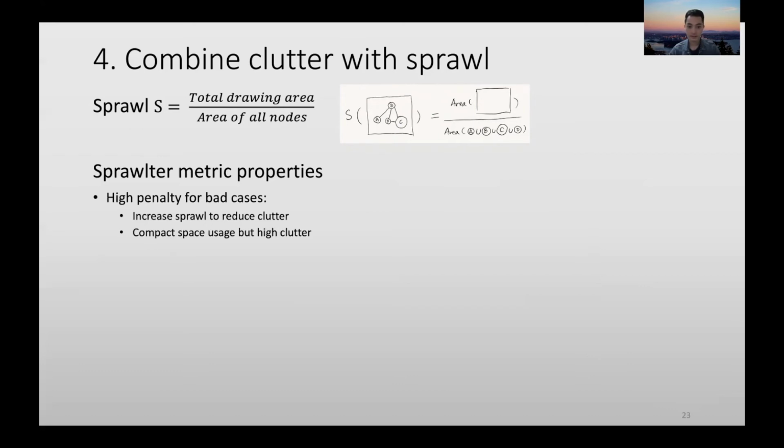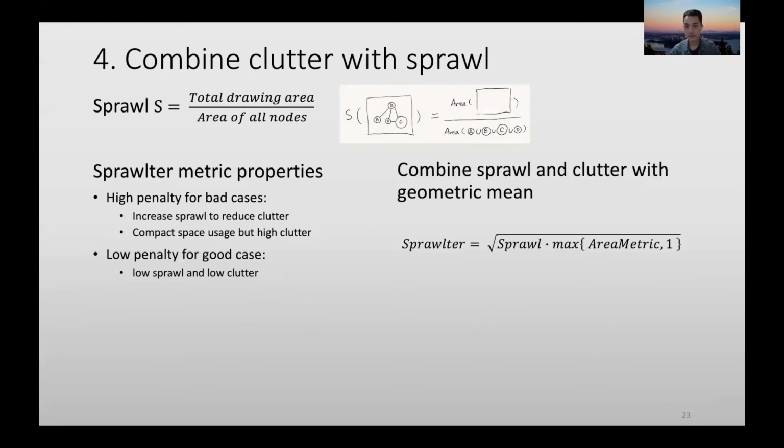Another case is you can have compact space usage, but a lot of overlaps, meaning high clutter. We also want the Sprawlter metric to be low for good cases, such as when you have low sprawl and low clutter at the same time.